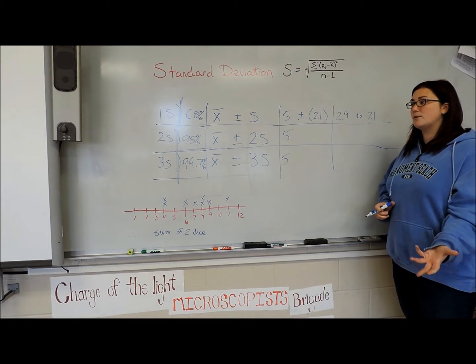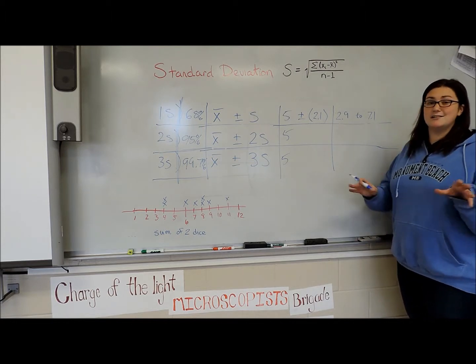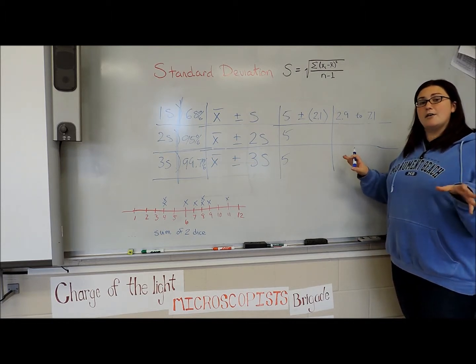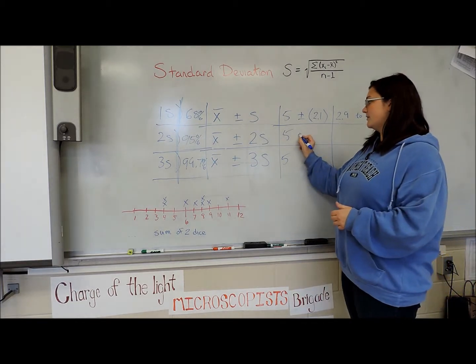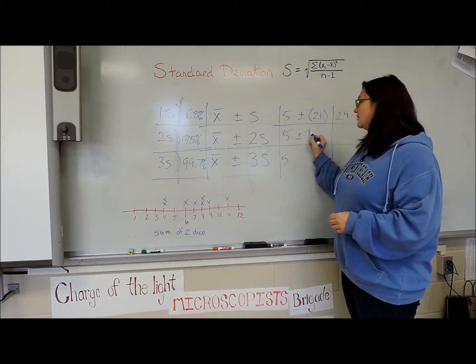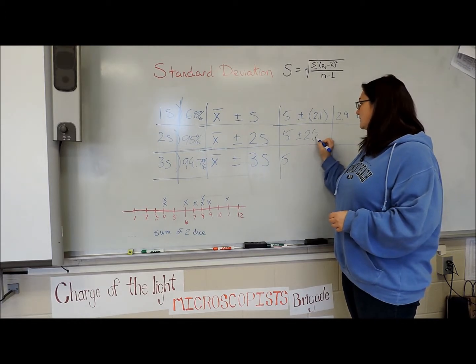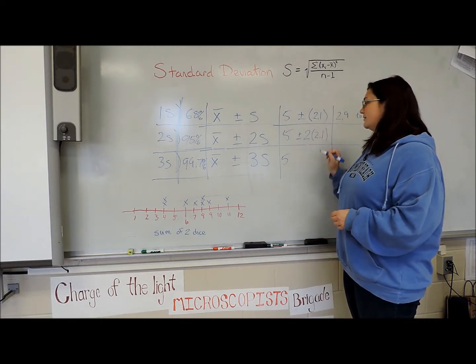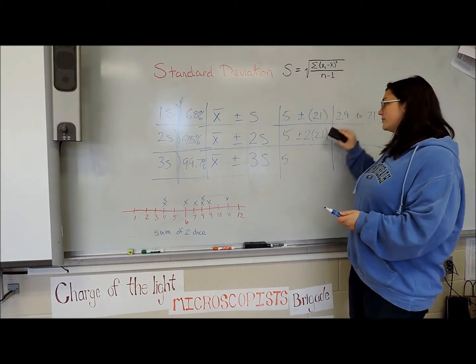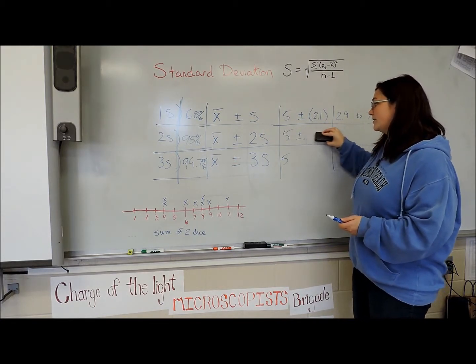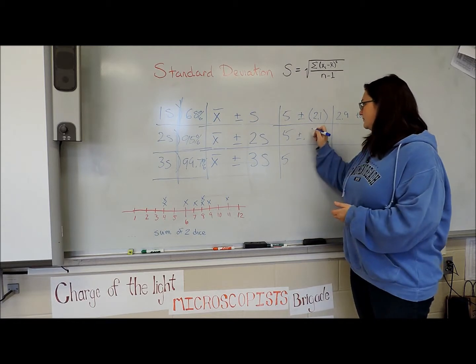But what if we want to be more exact? What if we care about 95 or 95.4% of all of the samples? What we're going to do is take the 5 and add or subtract 2 times the standard deviation, which is 2 times 2.1. If we do the math out for ourselves, 2 times 2.1 is actually going to be 4.2, so let's update that.